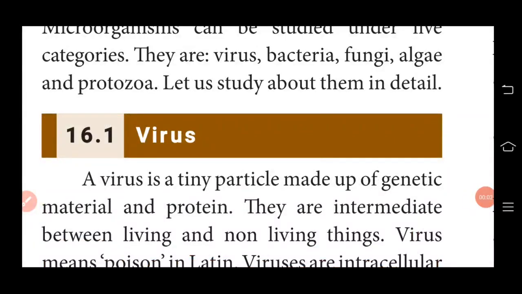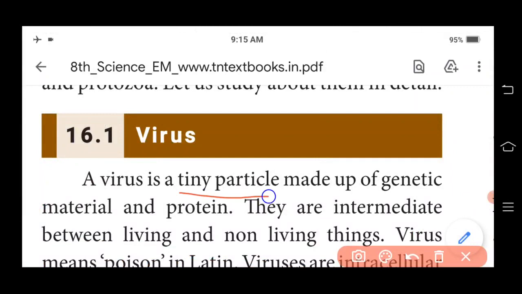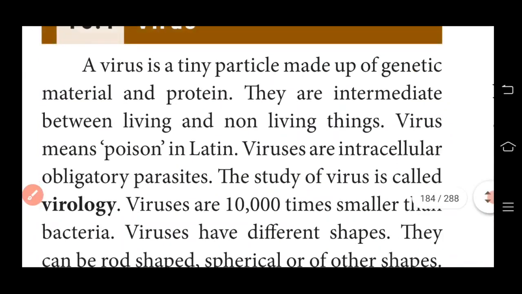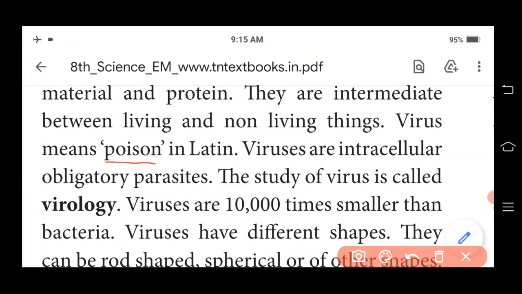Virus. A virus is a tiny particle made up of genetic material and protein. They are intermediate between living and non-living things. Very important: they are intermediate between living and non-living things. Virus means poison in Latin.